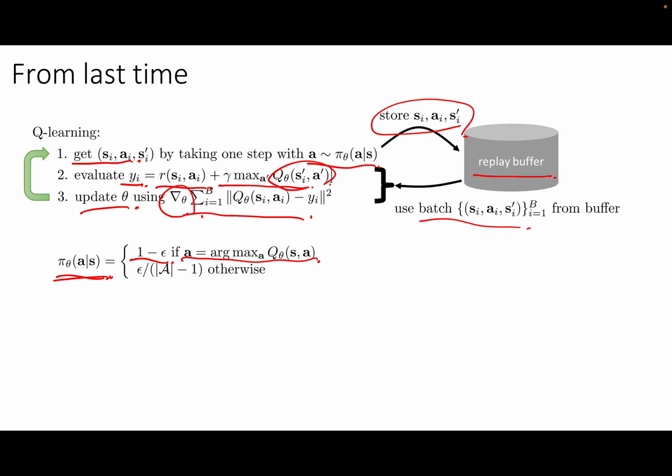We have a learned Q network, so we can take the action that maximizes the Q value. The other approach is a random action: with the remaining probability, we sample a random action. That is our action distribution used to sample actions, right?